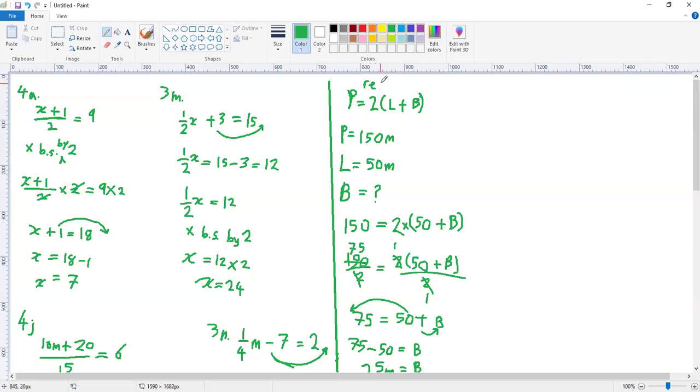It's just that all its sides are equal, right? Yes, all its sides are equal. So in other words, the perimeter of a square is going to be 4 times the length of one of its sides.